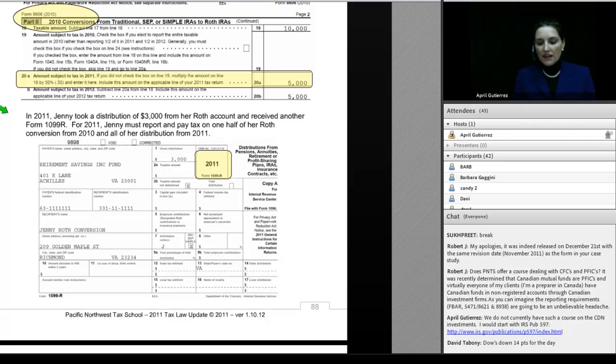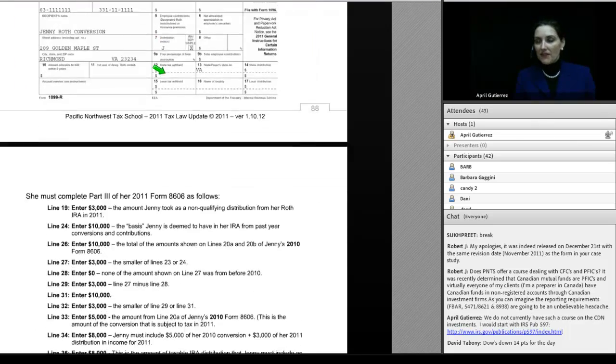For 2011, Jenny must report and pay tax on 1/2 of her Roth conversion from 2010 and all of her distribution from 2011. So what was the distribution in 2011? $3,000. What was the amount to include in the income for 2011? $5,000. 5 plus 3 equals 8. So let's see how that turns out.